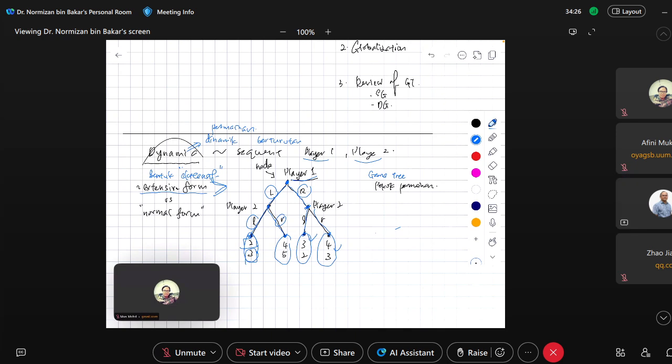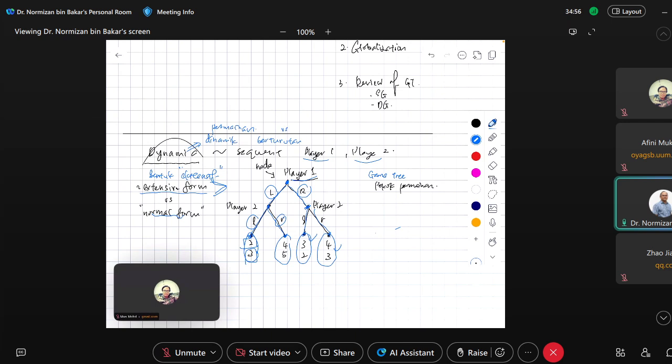Apa yang membezakan ini dengan game yang bentuk normal, yang kita panggil simultaneous, iaitu serentak? Dalam bentuk serentak, player kedua tak dapat lihat player pertama buat apa.